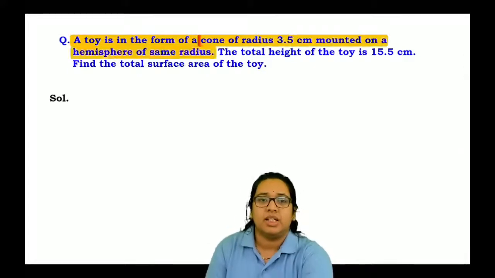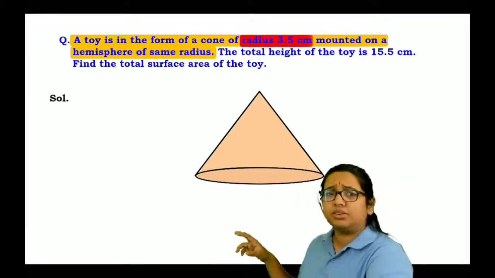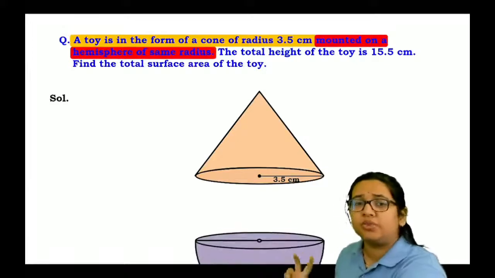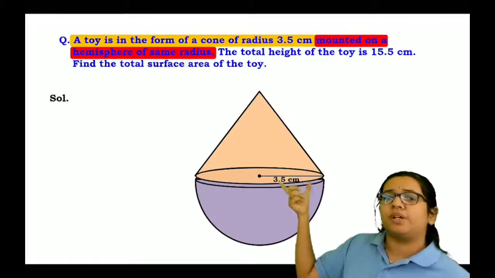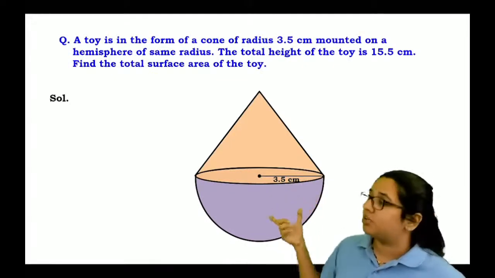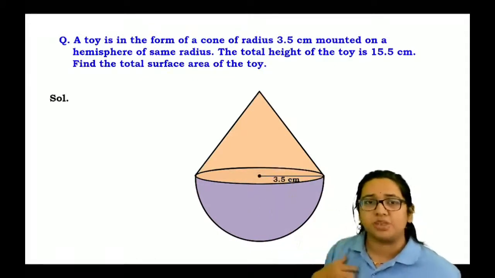Again, it is just the similar one, that a cone is mounted on a hemisphere of the same radius, and that radius is given as 3.5 centimeter. So we know that radius will be 3.5 centimeter. Radius for cone is same as radius for hemisphere.